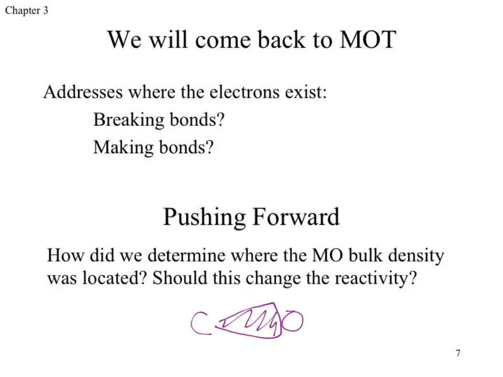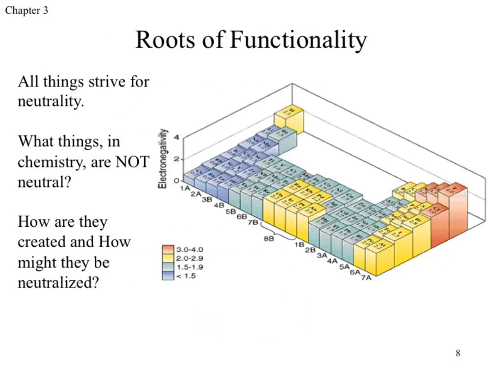Electronegativity. Right, so we're going to keep coming back to electronegativity because it's really the root of how we generate different functional groups. What we end up doing is taking the number of elements that we're working with, those 10, and we combine them in a variety of fashions. If in the process of that combination, we generate some drastically radical new reactivity, one atom becomes massively more positive than it was in any other combination, we now want to label that and say that is now going to react differently.